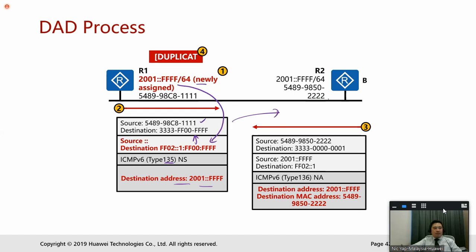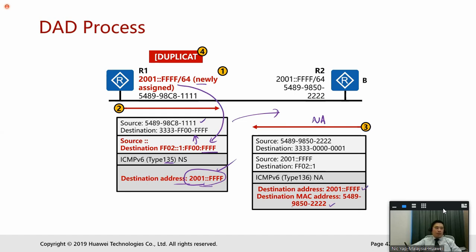When router B receives it, I check. Okay, FFFF, that's me. I open it up and check. It's the same as mine, so I send you the NA. Destination address 2001:FFFF and 5E 8998502222. I will tell you, oh, this is the MAC address I have.